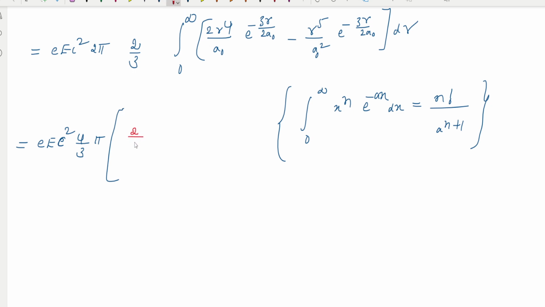Two divided by a naught, 4 factorial divided by 3 divided by 2a naught whole power 5, minus 1 divided by a naught square, 5 factorial divided by 3 divided by 2a naught power 6.